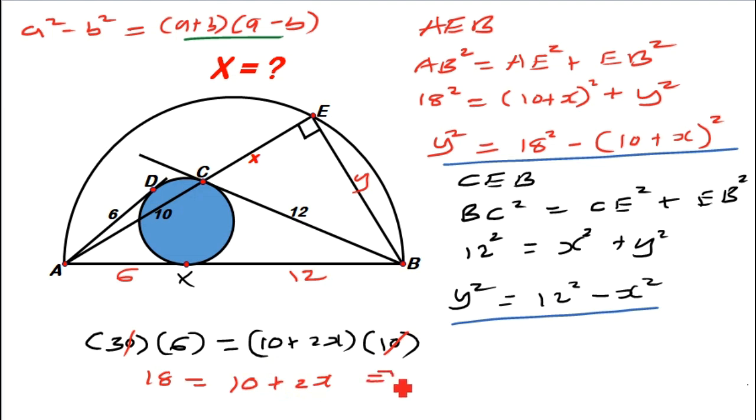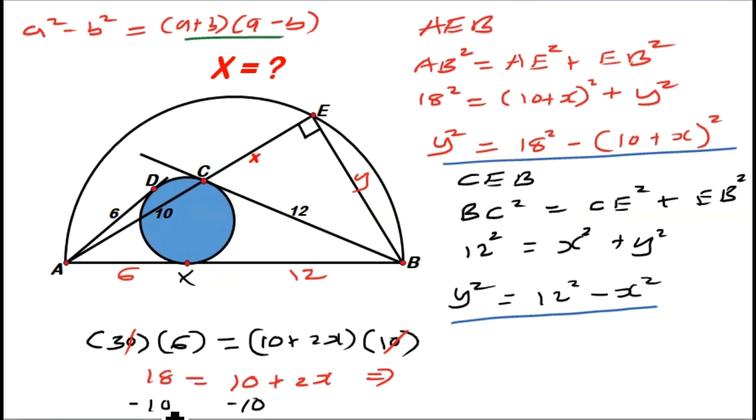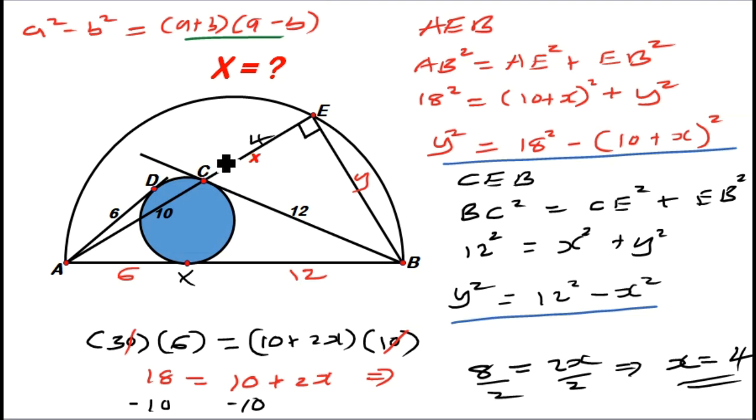Now, what will that imply? When we subtract 10 on either side of the equation, you get 18 minus 10 is 8 equals 10 minus 10 is 0, you remain with 2x. If you divide both sides of the equation by 2, you get the value of x equals 4. So the value of x is equal to 4 in this radical geometry problem.